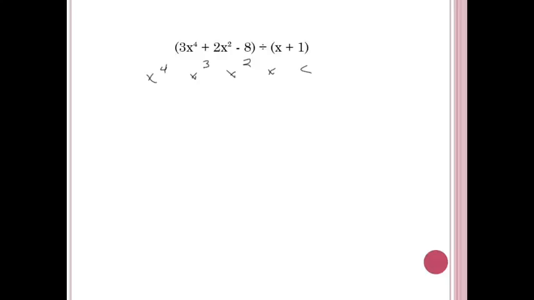And we're going to divide by x minus a negative 1, and that's our root. So we're going to divide by a negative 1.